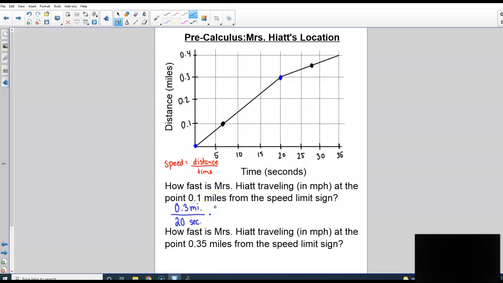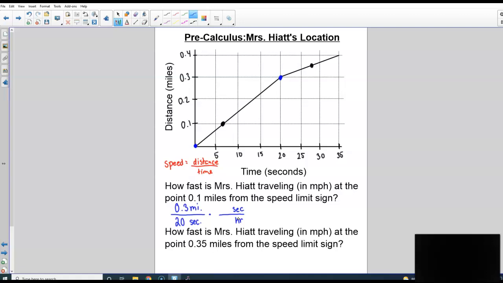So to convert units here, you need to know how many seconds are in an hour. How many seconds are in an hour? 3,600. Okay. So you have seconds on bottom, which means you want to put seconds on top. And you want to change seconds to hours, right?